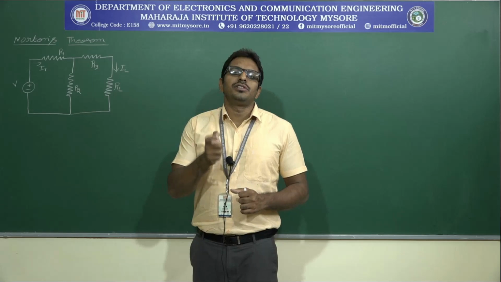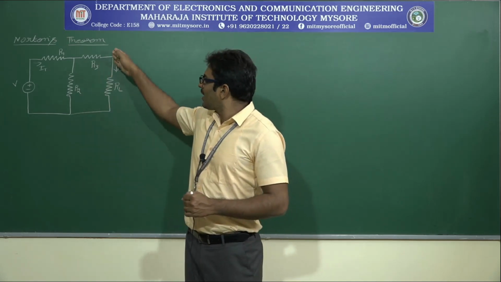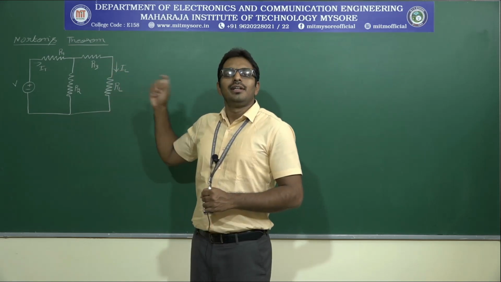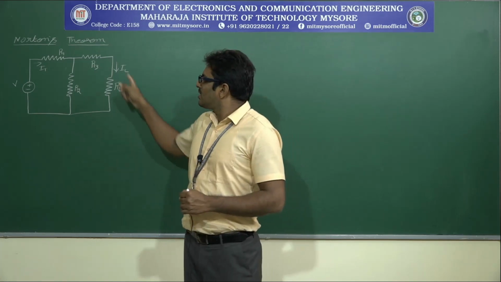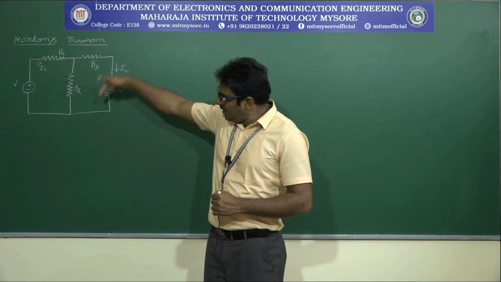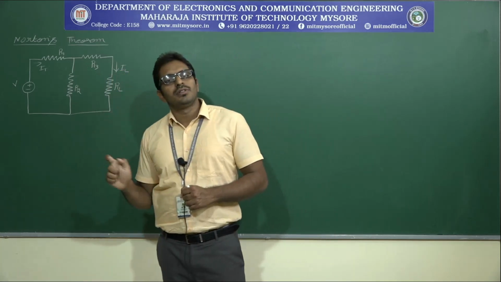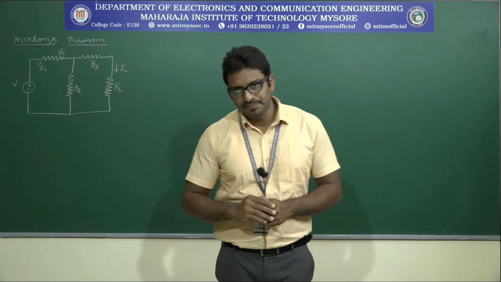That current source value is equal to the short circuit current through the load terminal, and that single resistance value is equal to the effective resistance of the circuit viewed from the load terminal into the circuit, by replacing all voltage sources by short circuit and current sources by open circuit.